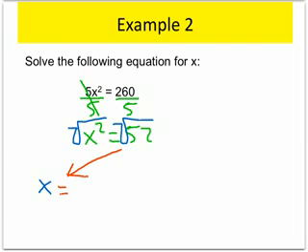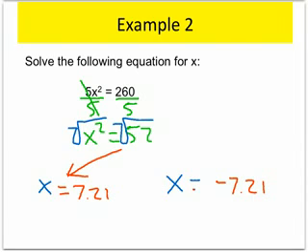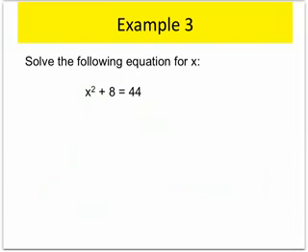It could either be positive 7.21 or it could be negative 7.21. We could check our answer by plugging either negative 7.21 or positive 7.21 back in for x. 7.21 squared and then multiplied by 5 will give us 260.